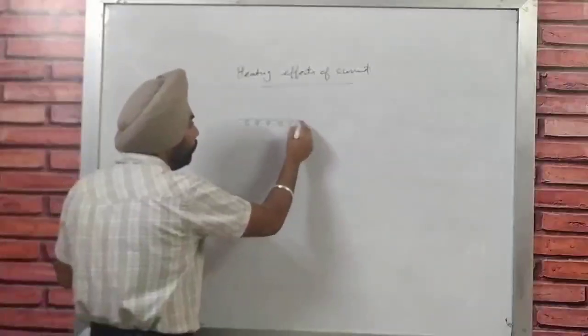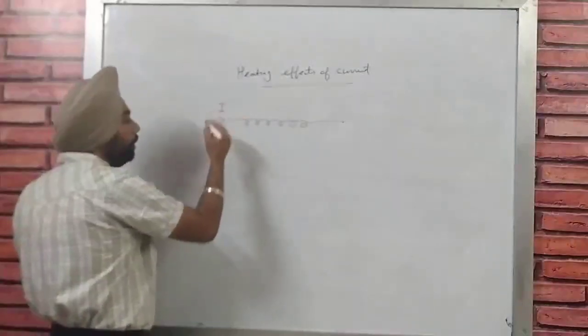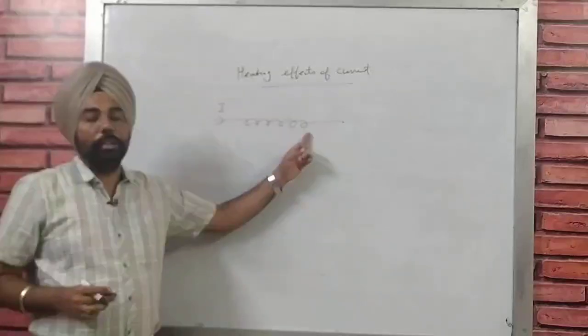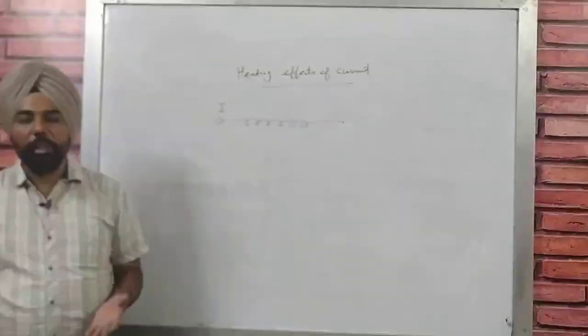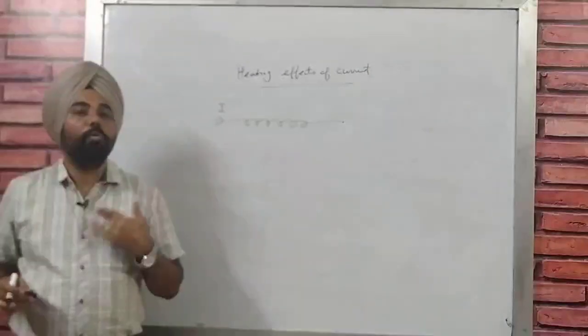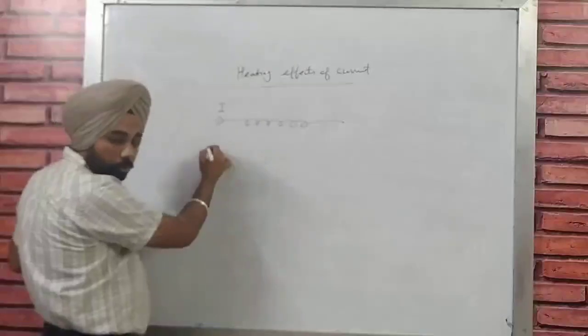Let's say that is our filament, and the current passes through it. Why does this filament have so many curls? Because if we increase the number of curls, we can increase the number of collisions as well.